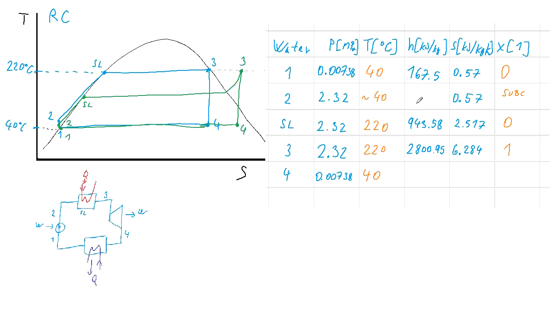So the accurate value from the thermodynamic functions, entropy and pressure, is 169.9 kilojoules per kilogram. And for the enthalpy after the turbine, again it's isentropic change for the ideal turbine, and this point is in the diagram.